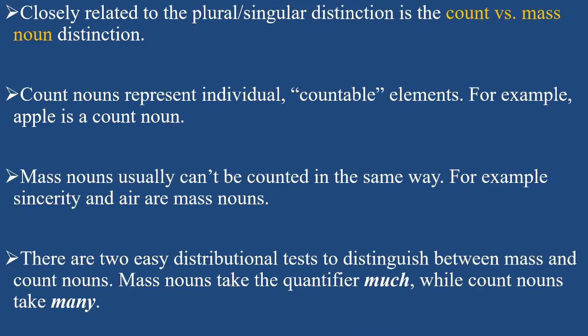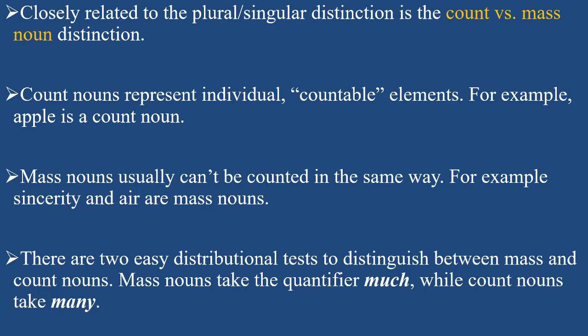Closely related to the singular and plural distinction is the distinction between countable and mass nouns. Countable nouns represent individual, countable elements. For example, apple is a countable noun; we can add s to form the plural, apple and apples.